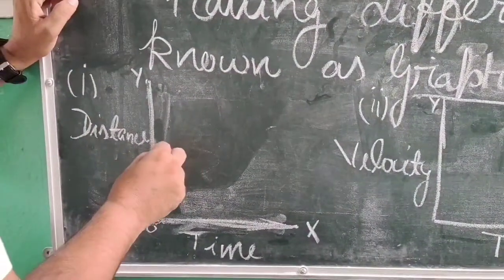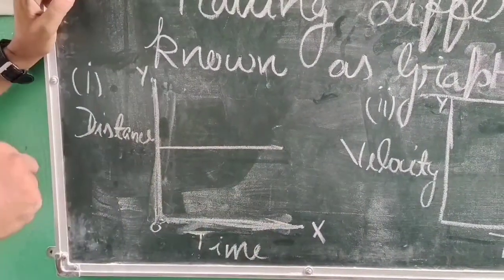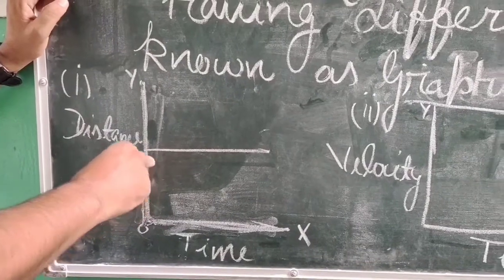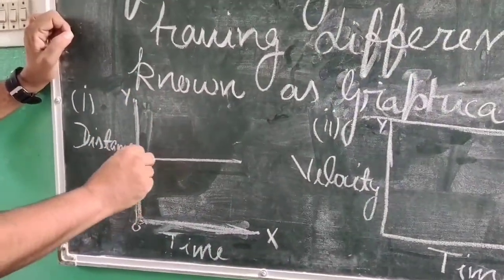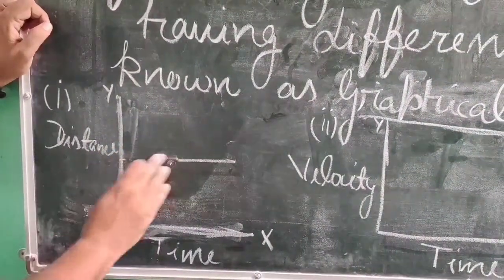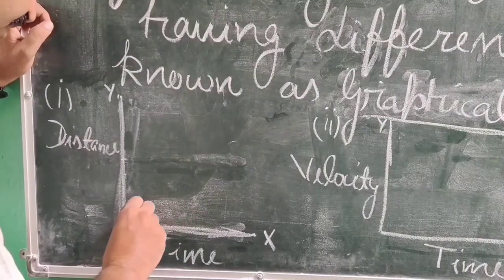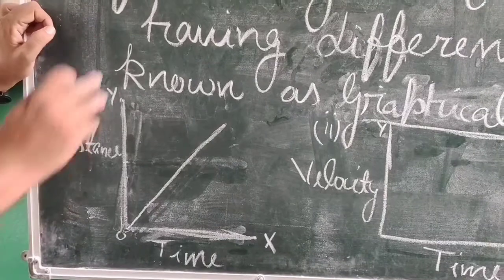If I make this graph here, it means the object is in rest position because the object is not changing its position. And if I draw this type of graph, then it means the object changes its position.